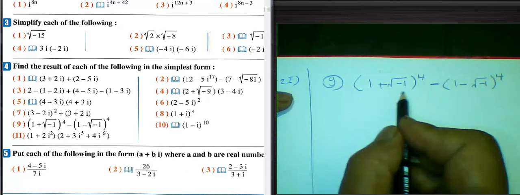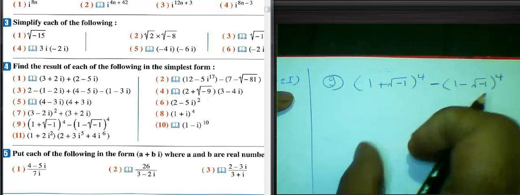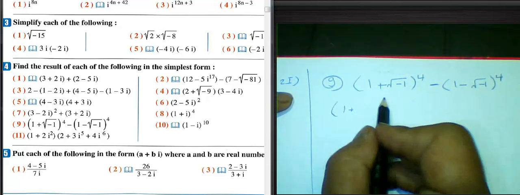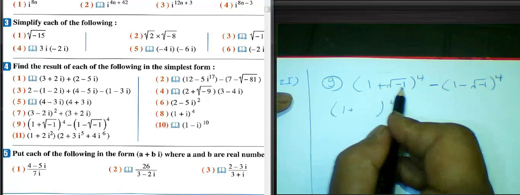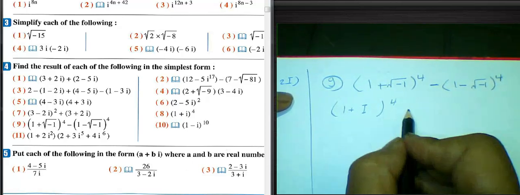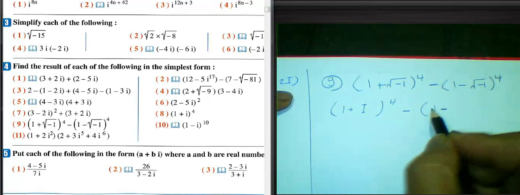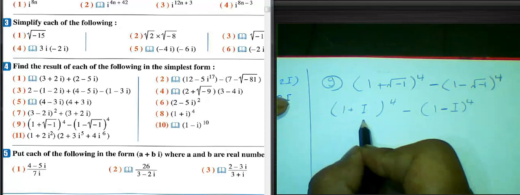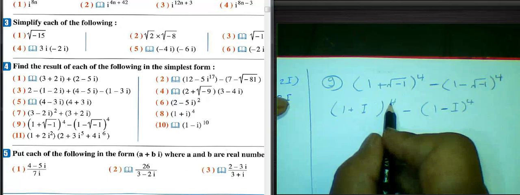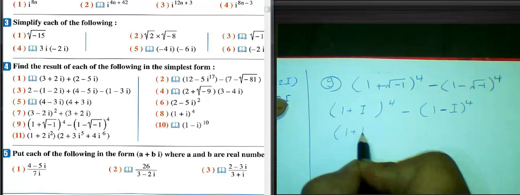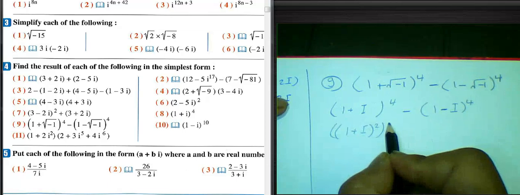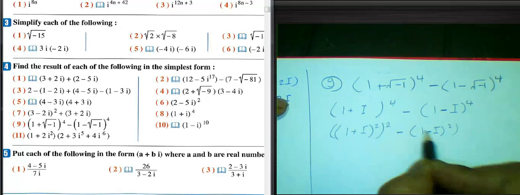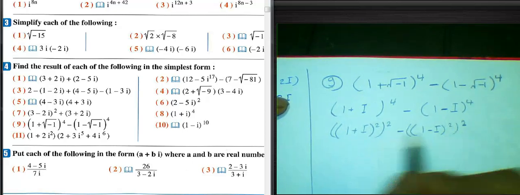First we must find the result of this. 1 plus square root of negative 1 is i, and 1 subtract square root of negative 1 is i. 1 plus i to power 4, we can write as 1 plus i power 2, all in parentheses to power 2, subtract 1 subtract i to power 2, all in parentheses to power 2.